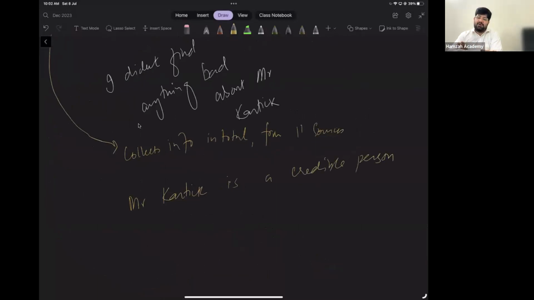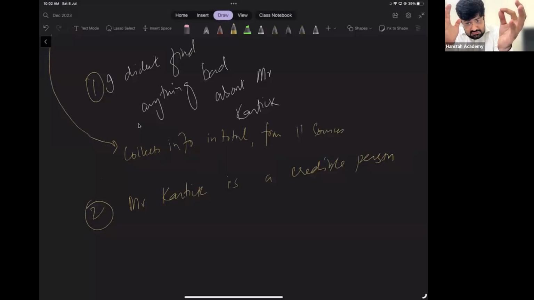Now you see here what happened basically. This sentence 1 and this sentence 2. What is the difference between the both? The difference between the both sentences is the level of assurance.